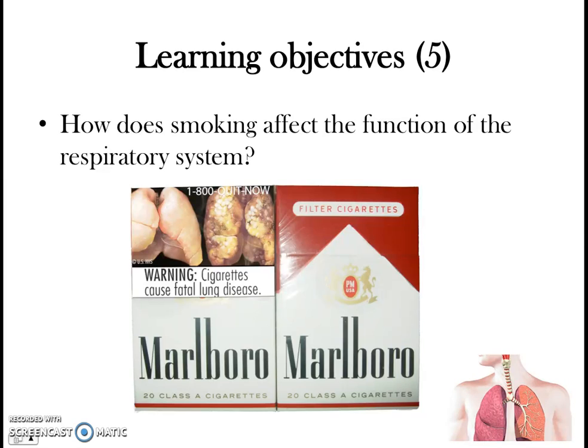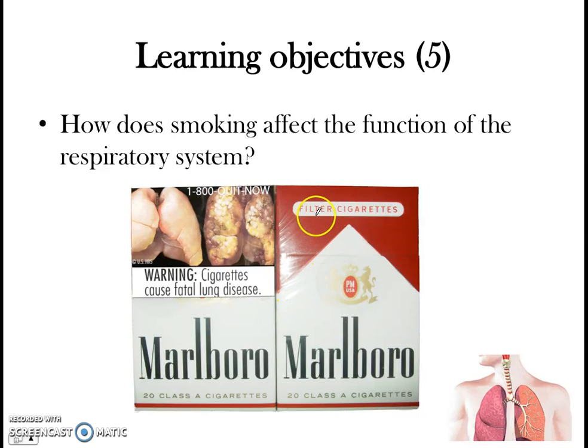In this final video, we're going to look at what happens when we do damage and harm to our respiratory system. And the one surefire way to damage and mess up your respiratory system is through smoking. Just looking at this cigarette box here, you can see that cigarettes cause fatal lung disease. And that's what we'll be looking at more deeply in this video.